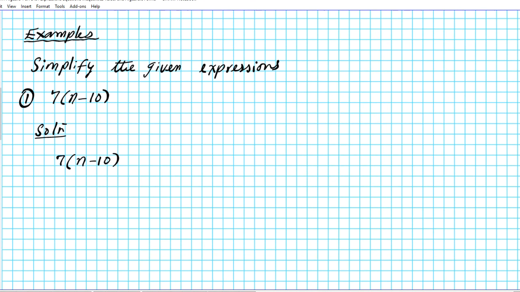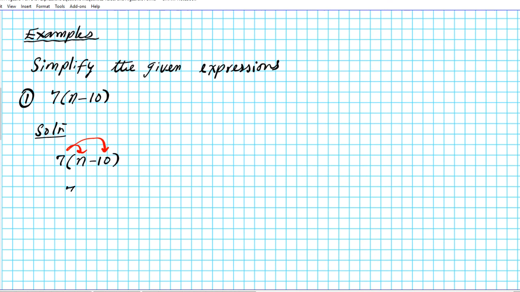So 7 will be distributed to n, and 7 will be distributed to negative 10. Now, one thing I want you to note is that 7 has a sign, which is positive. Okay? So you don't normally write it down. So just keep in mind the fact that 7 is positive. When you're distributing a positive number, it doesn't change the sign, but it's just something to keep in mind.